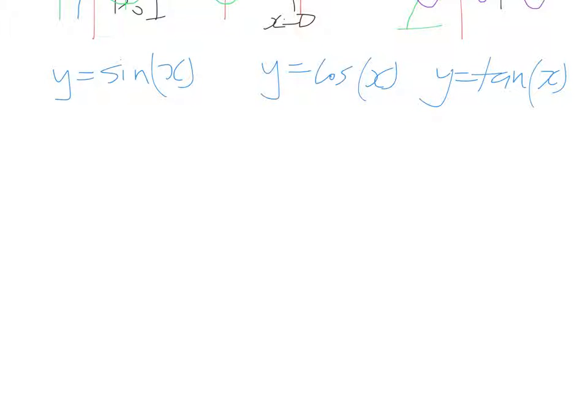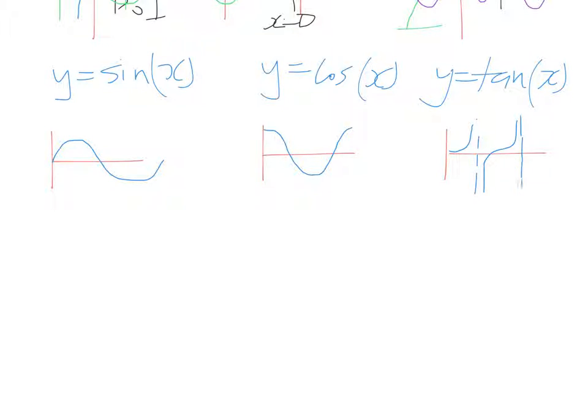So our sine of x, cos and tan. So sine of x starts in the middle, goes that way. Cos of x starts at the top and has a cycle. Tan of x does this. So we've got to be able to draw those as well.